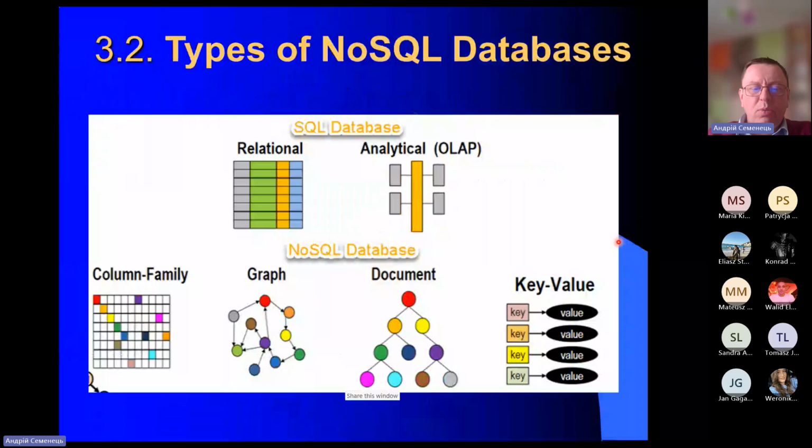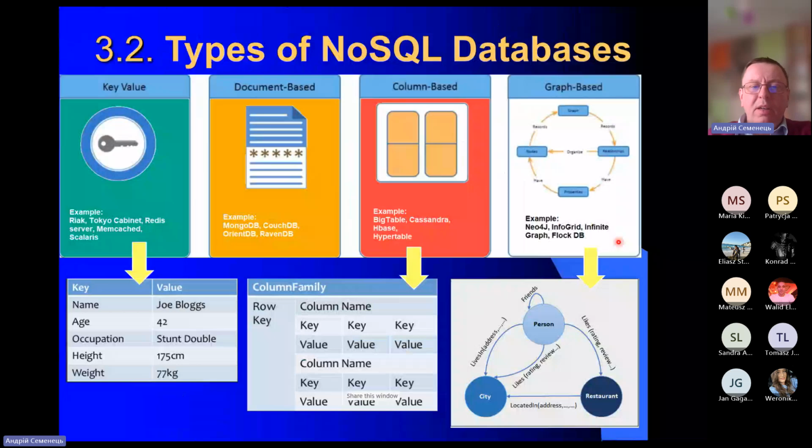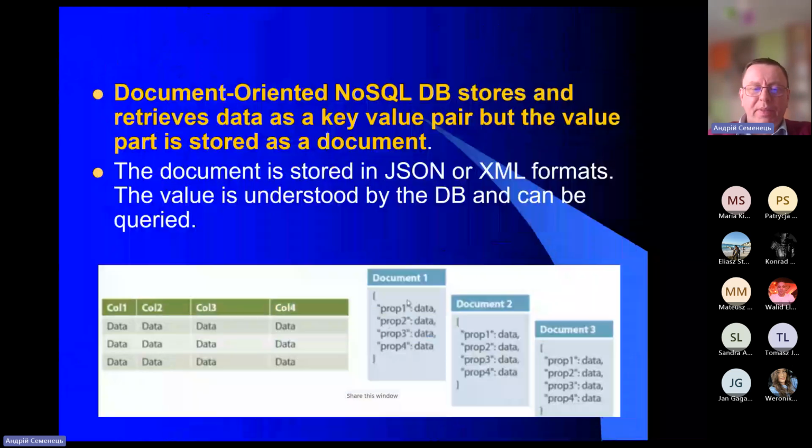Here we have a few types of NoSQL databases and the models they implement: key-value, document-based, column-based, graph-based. Graph-based is the exact implementation of the network model.